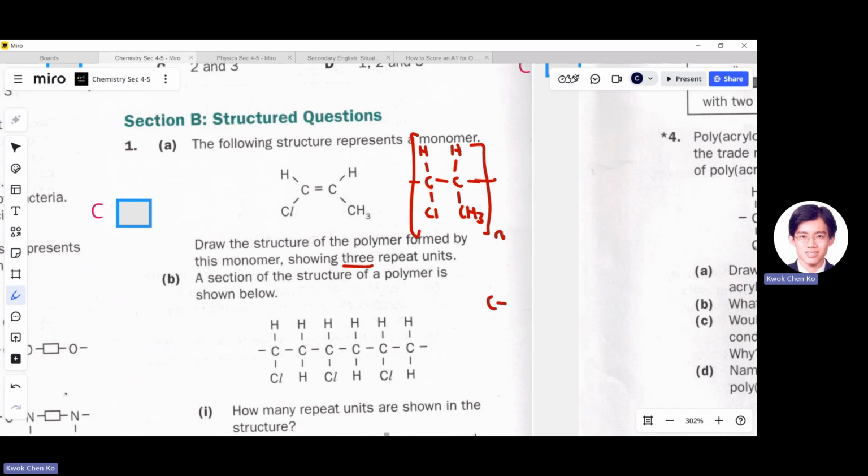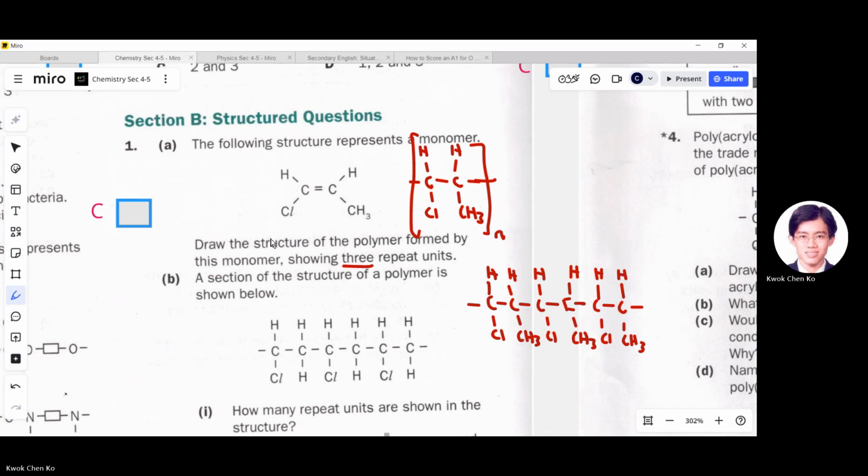Then just draw 3 without the square brackets. So yeah, just continue the pattern. Yeah, that's all. You do not need square brackets, guys. Don't put square brackets, don't put n there. They ask for 3 repeat units.